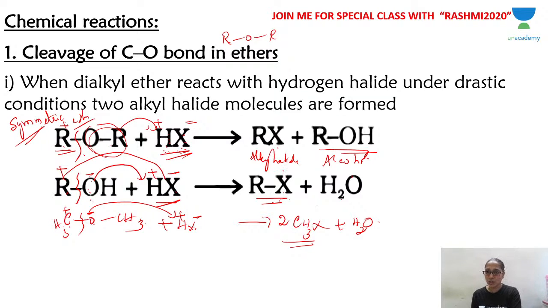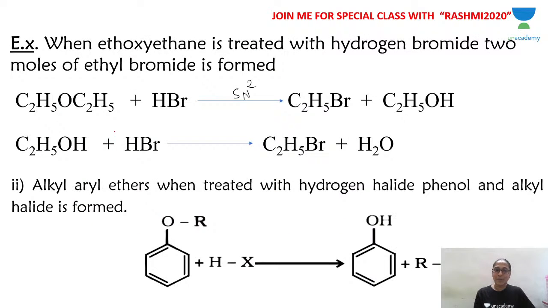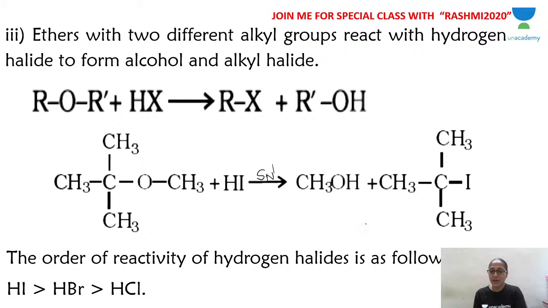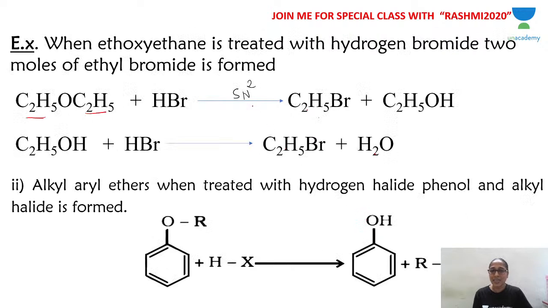I hope this is understood. For example, now one example I give you, ethyl ether, C2H5OC2H5. Again, you will get 2 molecules of C2H5Br plus water. Now why do you get C2H5Br? Because it follows the SN2 mechanism.